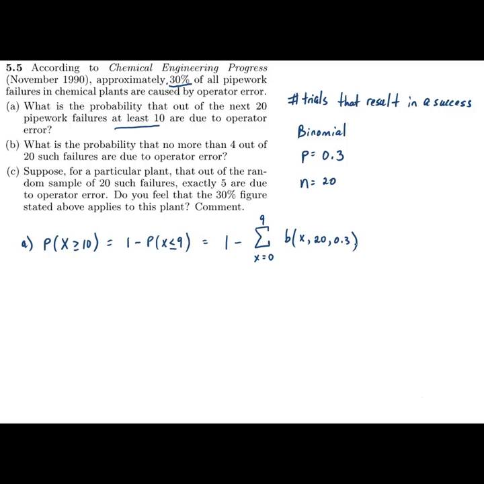So if you go to the table, you'll find that this probability equals 0.952. So that probability equals 0.048.